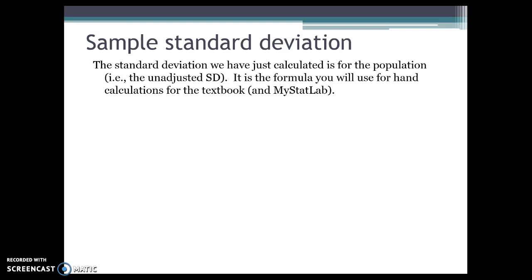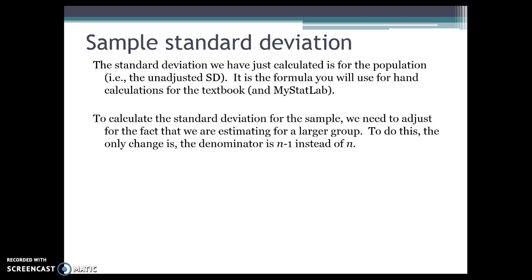Okay, so that formula that we just did is for the population standard deviation. It's called the unadjusted standard deviation. And as I said, it's the formula that you're going to use when you do hand calculations in the textbook and in MyStatLab.